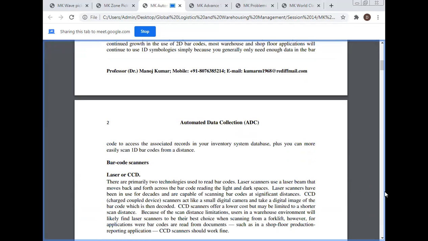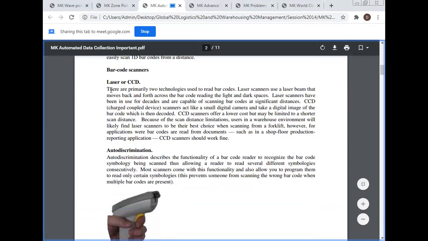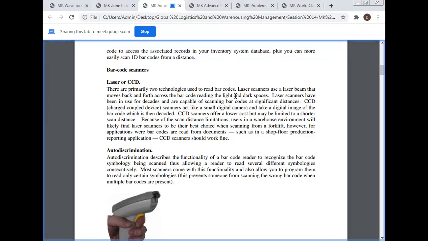Barcode scanners. These are the barcode scanners, laser or CCD. There are primarily two technologies used to read barcodes. Laser scanners use a laser beam that moves back and forth across the barcode, reading the light and dark spaces.